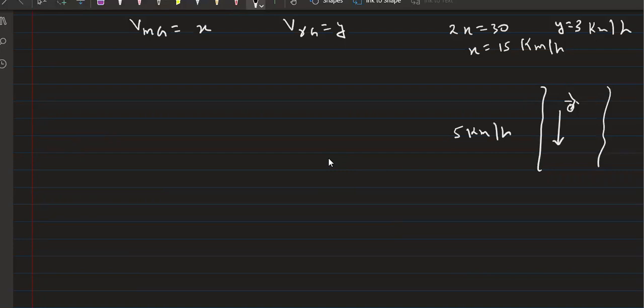Velocity of man with respect to ground is 5 kilometer per hour. Yes or no? This is the information which I'm giving. Now in the second case, the river is flowing in this direction, and the speed is 3 kilometer per hour. So velocity of river with respect to ground is 3 kilometer per hour. Okay, everyone?